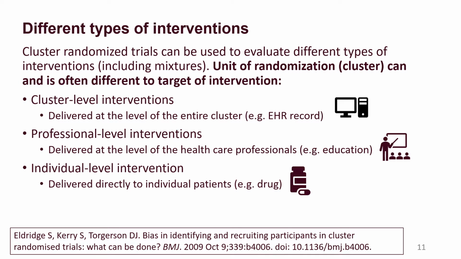So for example, this might be a change to the electronic healthcare record, for example. A professional level intervention is something that is delivered at the level of the healthcare professional. So one example of an intervention that's delivered at the healthcare professional is something like education. Individual level interventions, on the other hand, are delivered directly to the individual participants, and they may include things such as drug interventions.